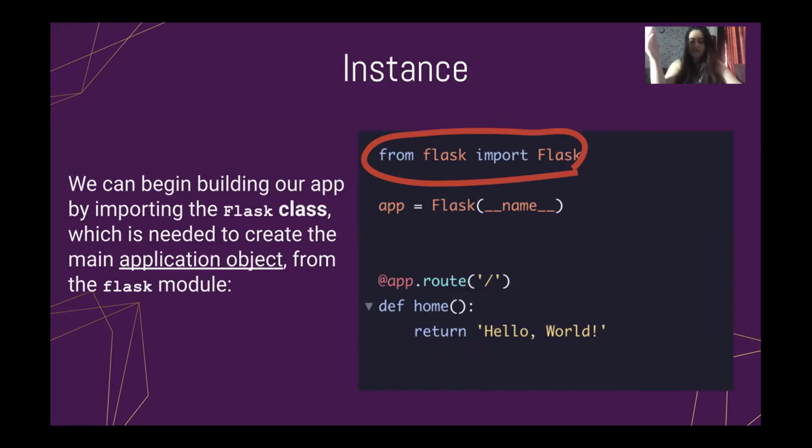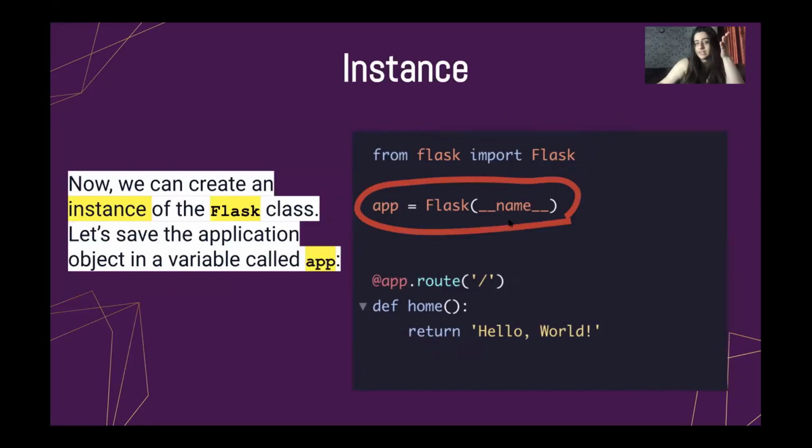As I said, Flask is a micro framework, so it means that Flask already has a whole architecture that we need. Think of it as a class, and what we're going to do is instantiate from that class. You can call it whatever you want, but usually we call it app for obvious reasons.